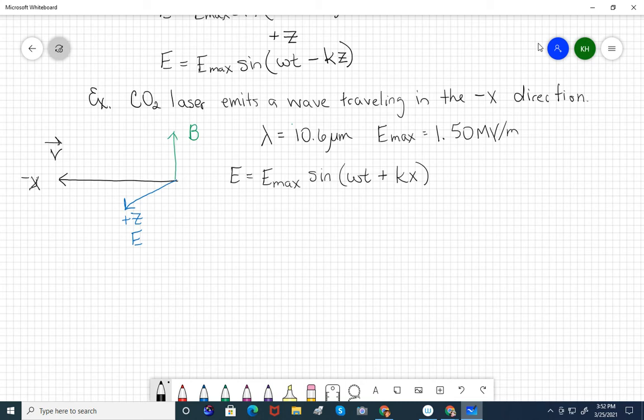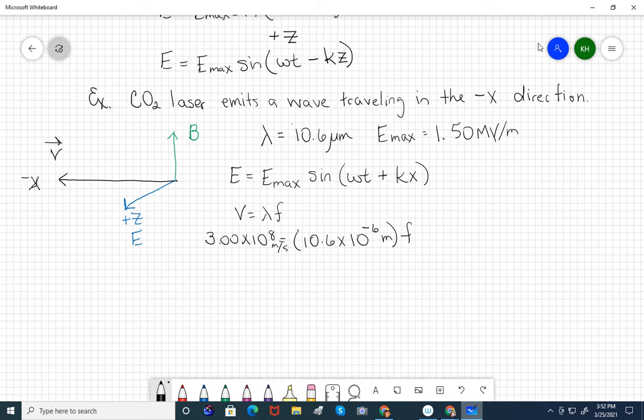They don't tell me the frequency, but if I know the wavelength, I know frequency, because I know for an electromagnetic wave that v equals lambda f, and v is just the speed of light. Lambda is 10.6 times 10 to the negative 6 meters. And that will give me f. This is meters per second.